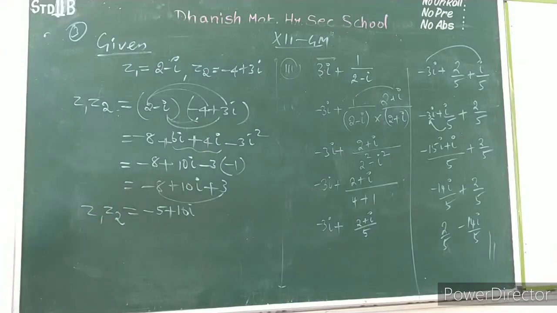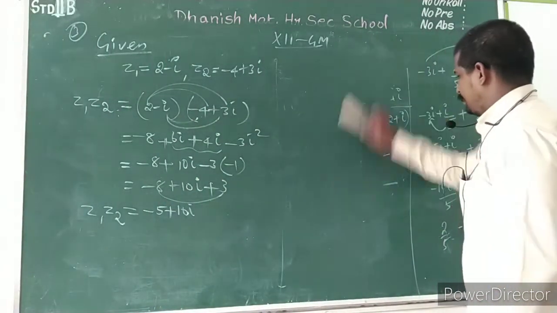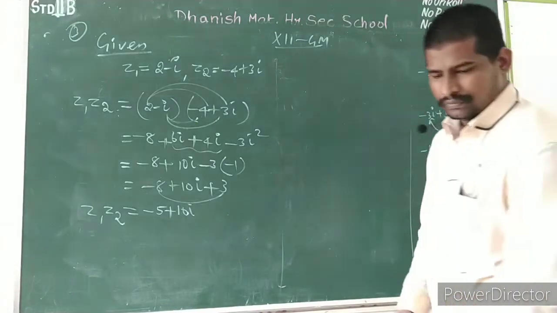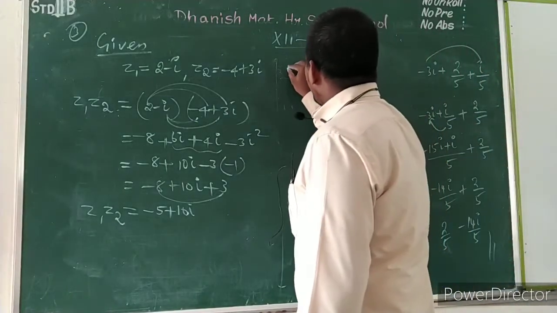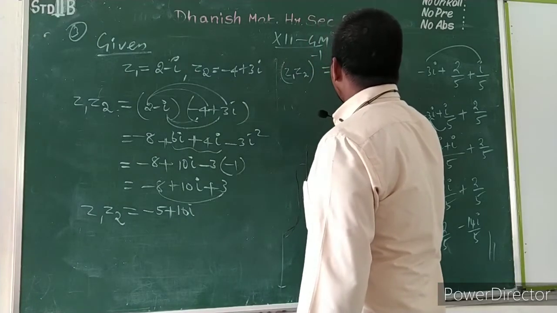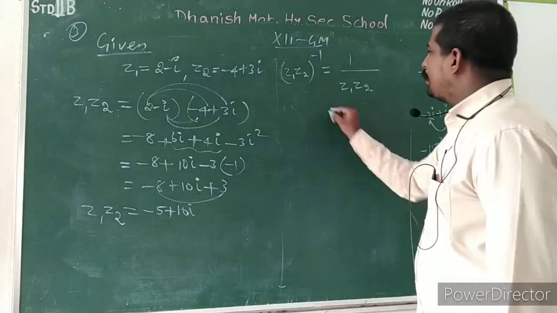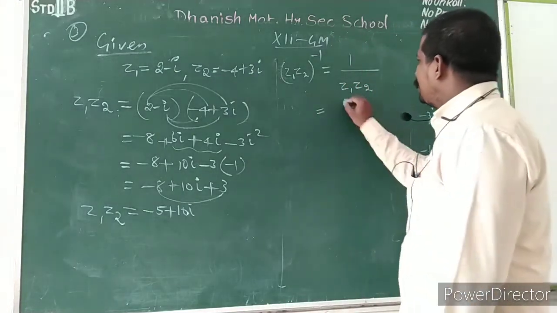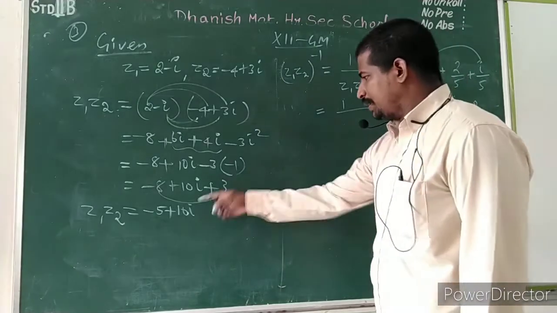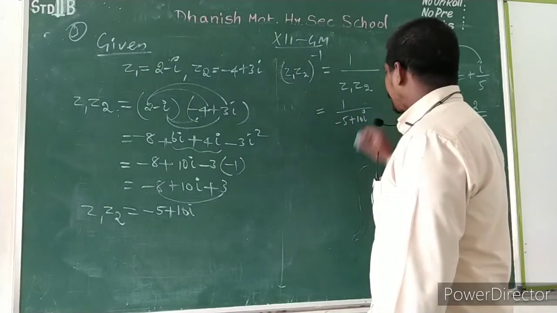Now I am going to find the inverse. Now z1 z2 inverse equal to 1 by z1 into z2. Now I am going to apply the value 1 by z1 z2. Here our z1 z2 is minus 5 plus 10i.